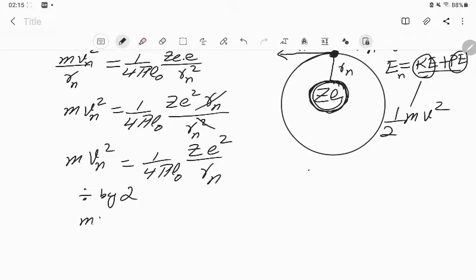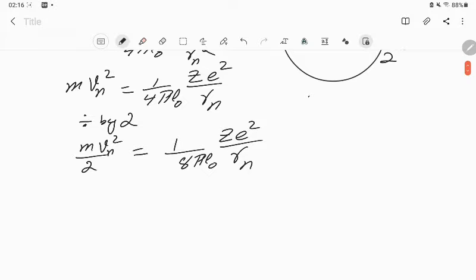So mv_n square divided by 2 equal to, now here it will be 1 by 2 into 4 pi epsilon naught, so 2 into 4 is 8, directly I will write 8, Ze square by r_n. So what is this?